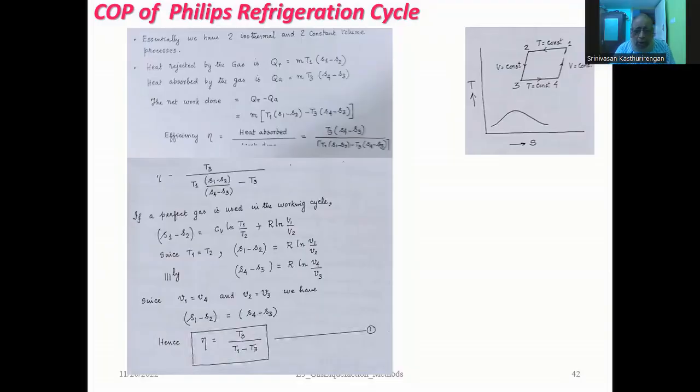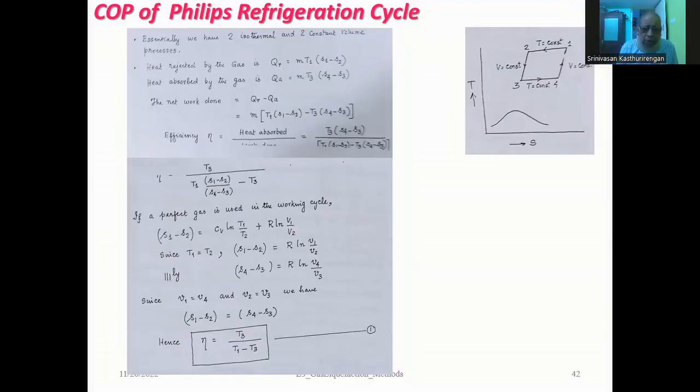So the net work done on the system is QR minus QA. That is m into [T1 into (S1 minus S2) minus T3 into (S4 minus S3)]. So what is the efficiency, or we will call it a COP now. COP is heat absorbed divided by the work input into the system.